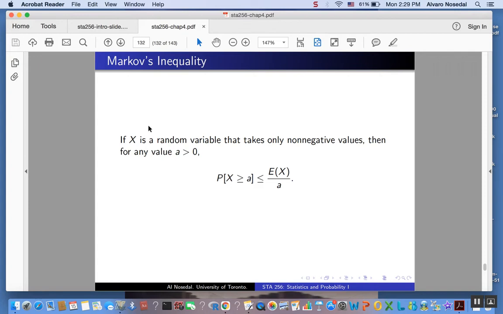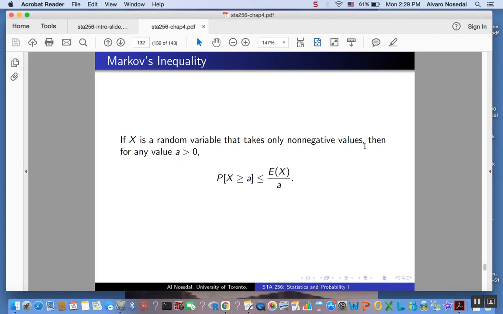For instance, an exponential random variable with parameter beta. The non-zero part for an exponential is values that are non-negative. So that would work as a particular example of a random variable X that takes only non-negative values.